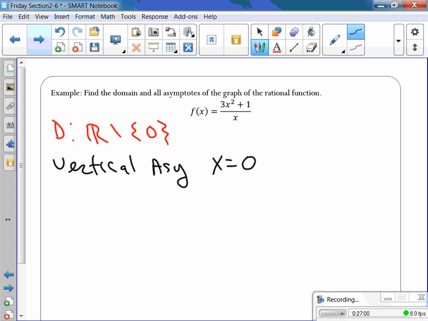Absolutely, I have a slant asymptote because I have second degree in the top, first degree in the bottom, it is one more degree. When it's just that 1 degree difference, we know we have a slant asymptote, which tells me we need to do that division. X into 3x squared plus 1. What should we do?